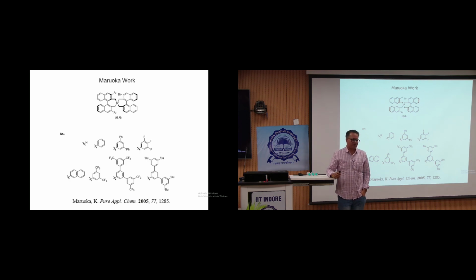Keiji Maruoka, full name. He started his chemistry as an independent researcher with his numerous ammonium backbones. But this one, I tell you that anyone in the world is now working on this catalyst, or not catalyst, but the backbone.